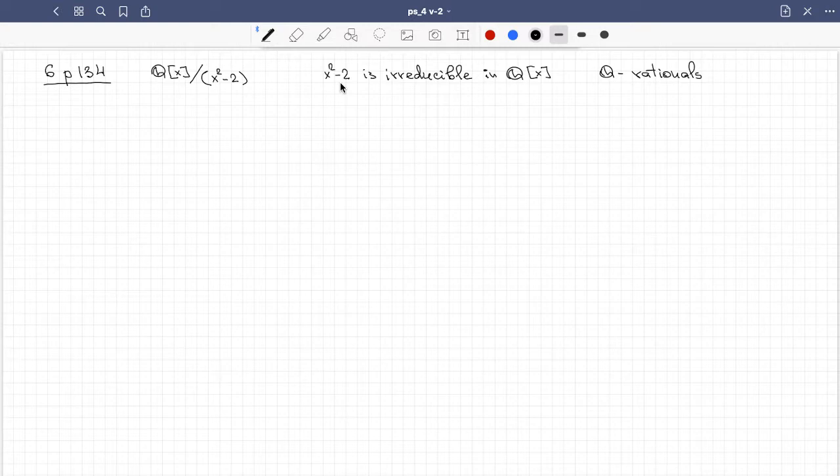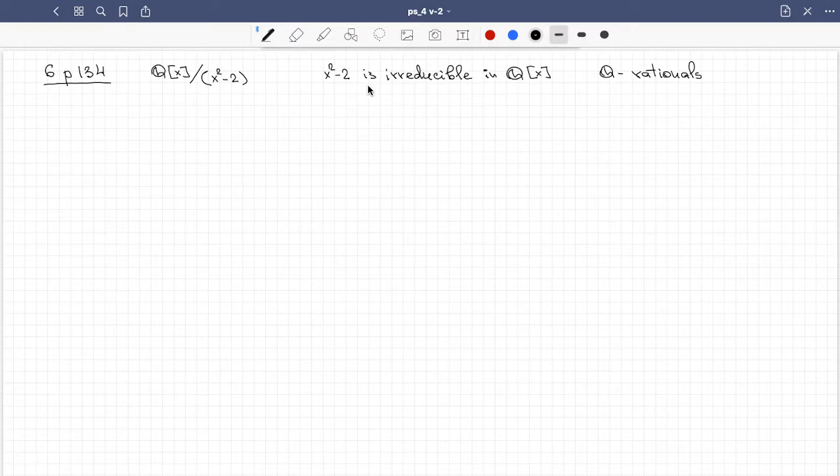So, first of all, there is a claim about the set Q of x over x squared minus 2.